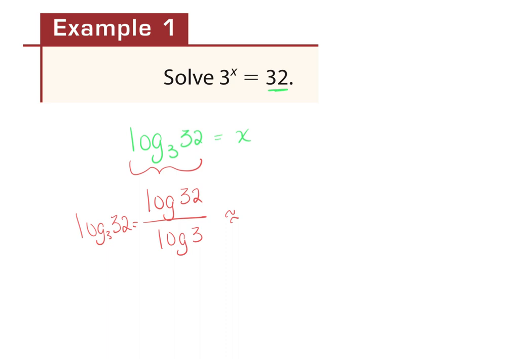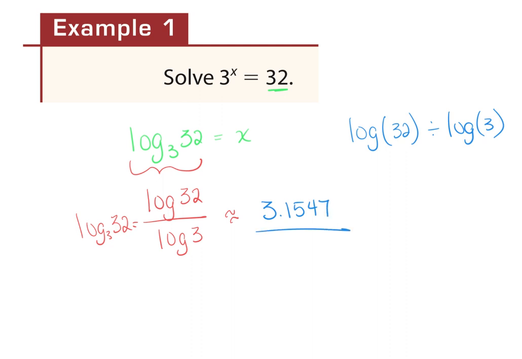So pay attention to order of operations. In your calculator, if it does this, you have to close it, then divide, and then log 3, all right? If not, it's going to keep it open, and you're going to have a log within your log, and that's not what you want. So when you put this into your calculator, round it to the nearest 10,000, that's 4 decimal places. You should get approximately 3.1547 as your answer.